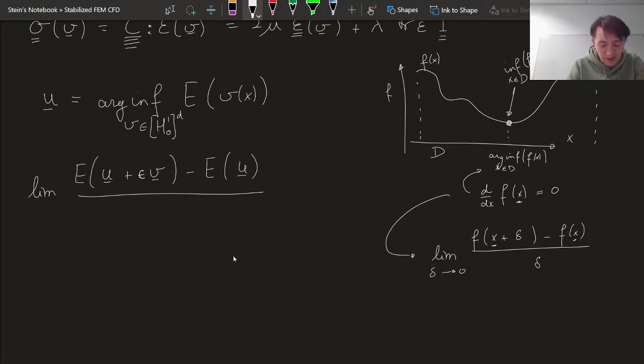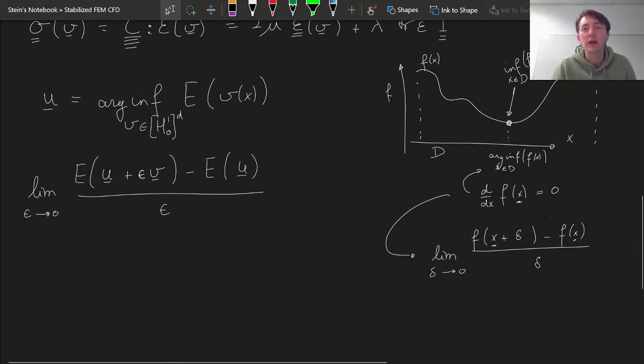And now I can divide by that number, epsilon. And now I can take the limit of epsilon going to 0. And so this is sort of the equivalent of what we have on the right here. On the right we have that we take a function at a certain location, then we move away from that location a little bit and we see if we get an increase or not. And if not, then we're at a valley.